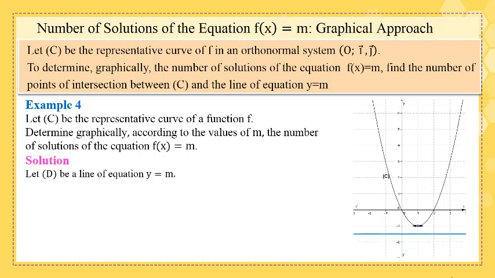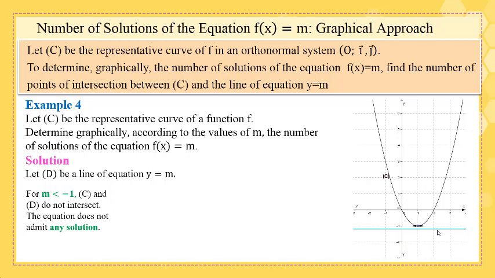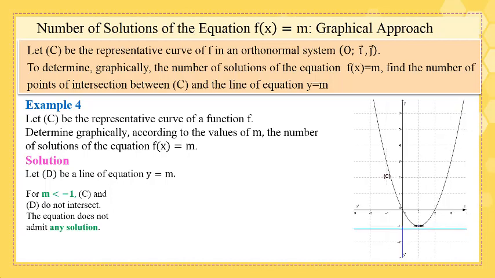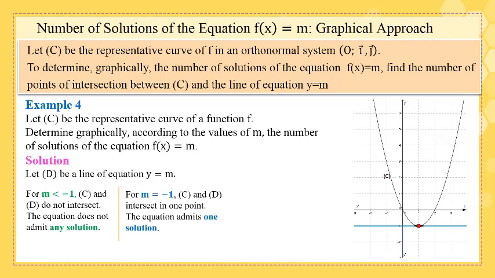As you see, if m is less than -1, C and D do not intersect. Thus, the equation doesn't admit any solution. If m equals -1, C and D intersect in one point, thus the equation admits one solution.